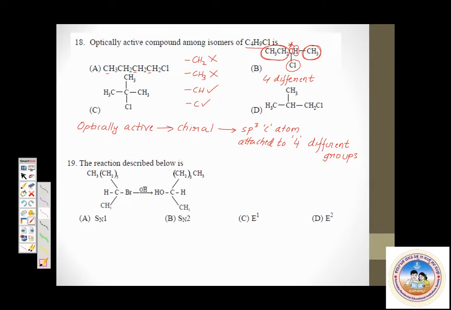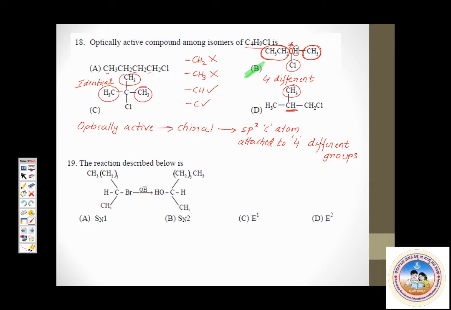In option C, 2 methyl groups are identical, so that carbon cannot act as a chiral center. In option D, there is a CH group, yes, but again there are identical methyl groups attached. In option C there are 3 identical methyl groups. In option D, there are 2 identical methyl groups. So those will not act as chiral molecules. That was the solution for question number 18.